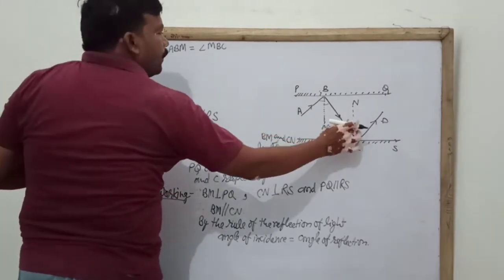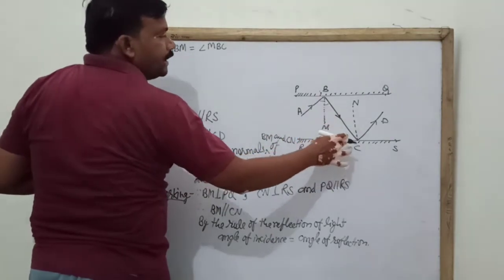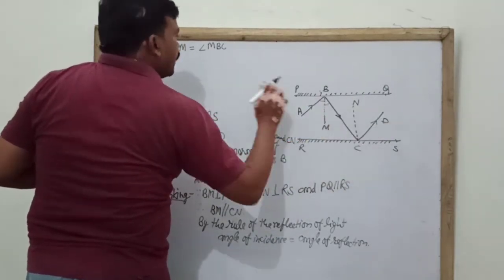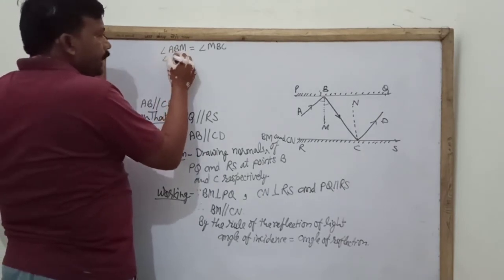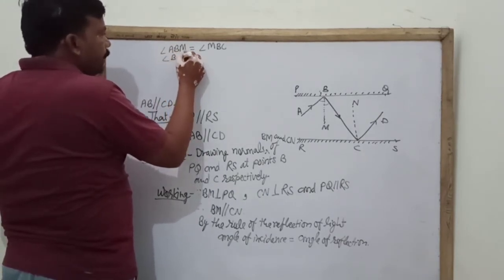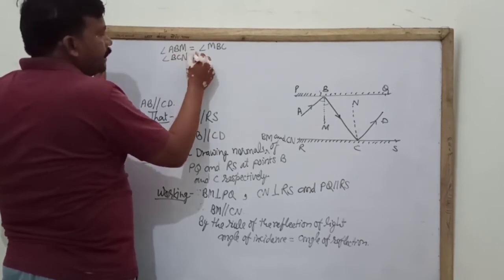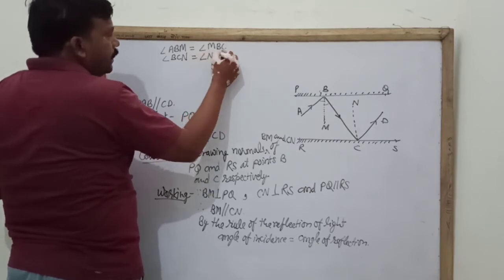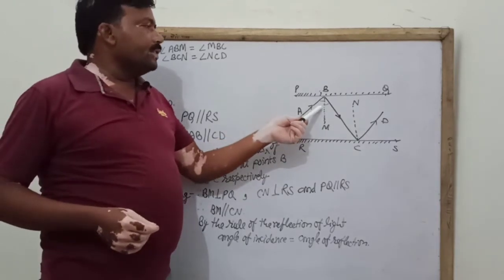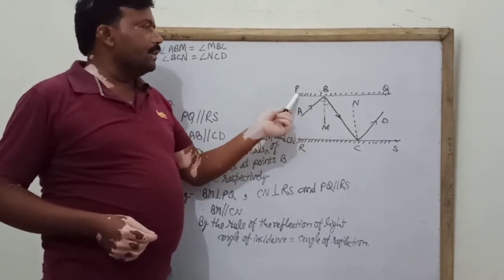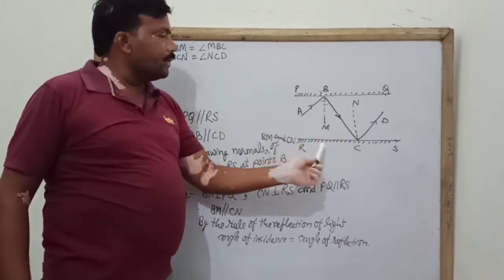And for this mirror, angle BCN is angle of incidence and angle NCD is angle of reflection. So we can write angle BCN equal angle NCD. These are the angle of incidence and angle of reflection for this mirror, and for the other mirror.